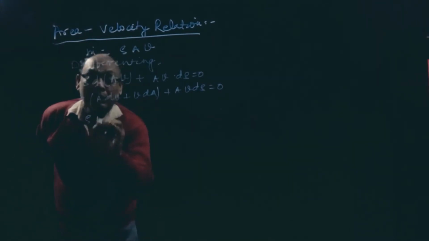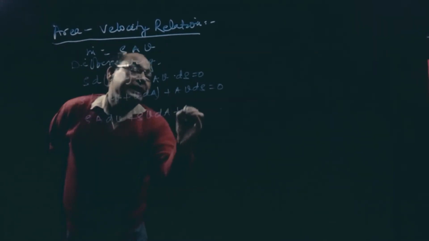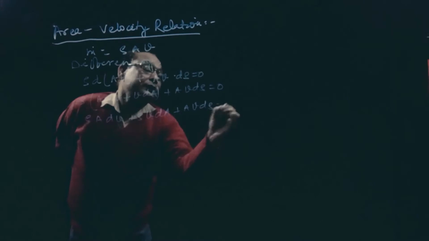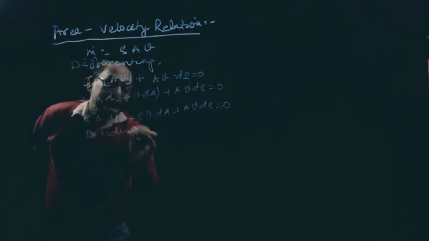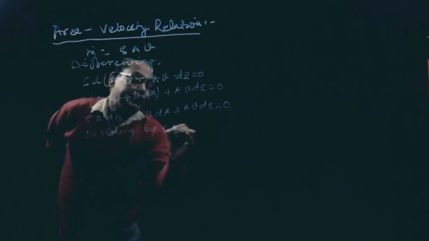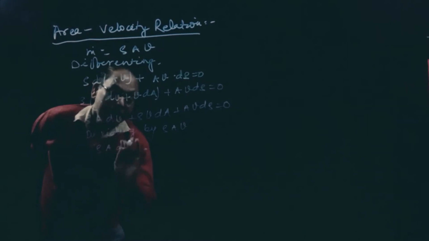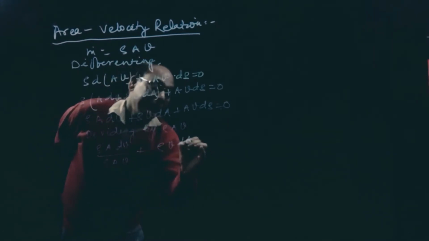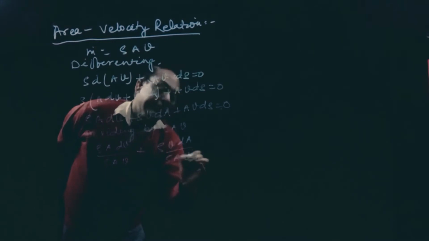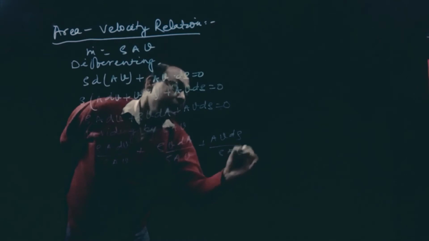So this is rho A dV plus rho V dA plus A V d rho is equal to 0. Dividing by rho A V, we will get rho A dV by rho A V plus rho V dA by rho A V plus A V d rho by rho A V is equal to 0.